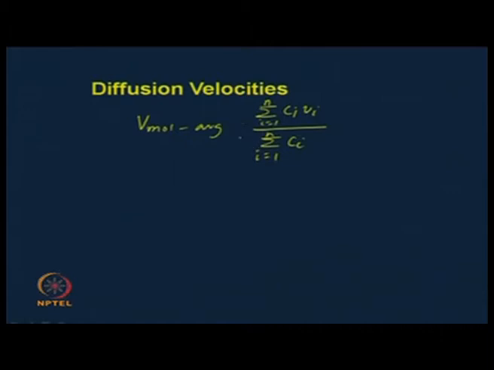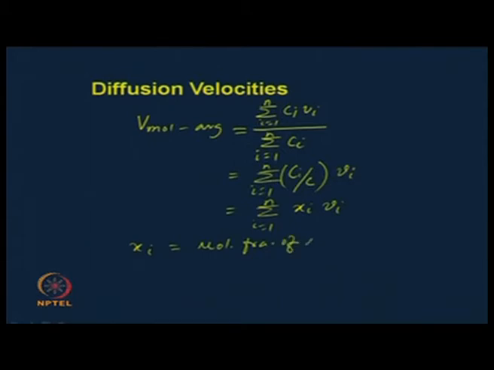So, this is equal to summation over i equal to 1 to n of Ci by C into Vi, which is equal to summation over i equal to 1 to n of Xi Vi. Xi is the mole fraction of species i.